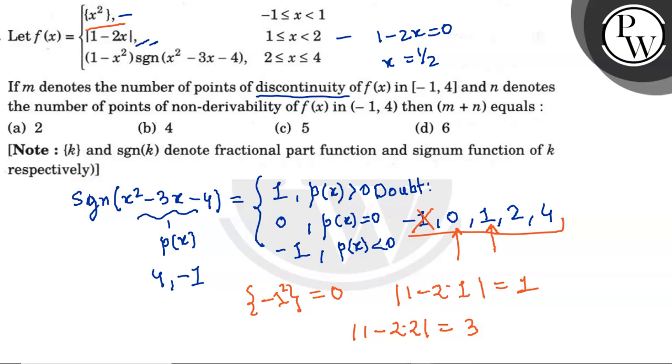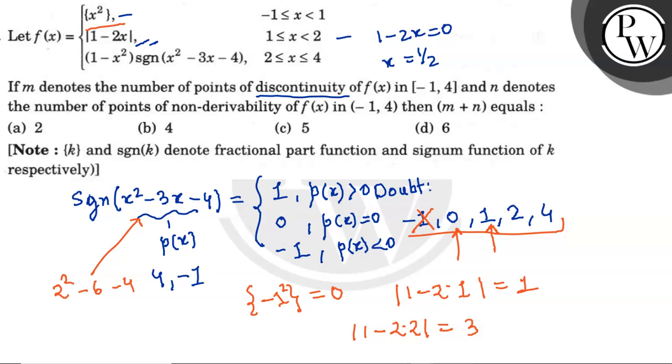Now if you substitute 2 in the signum function, then you will get 2 square minus 3 into 2, which is 4 minus 6.